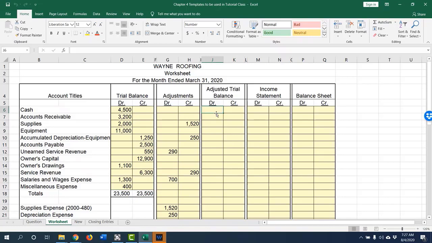Whenever we debit that particular account, the debit balance of that account will increase, and each time we credit the account, the balance will decrease. That is true for accounts that have a debit balance.